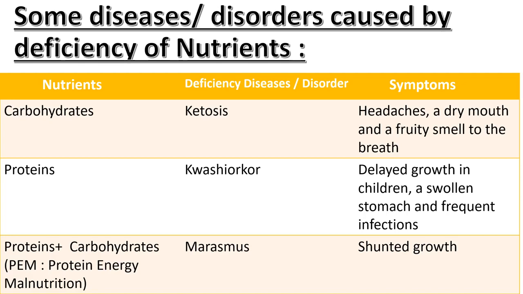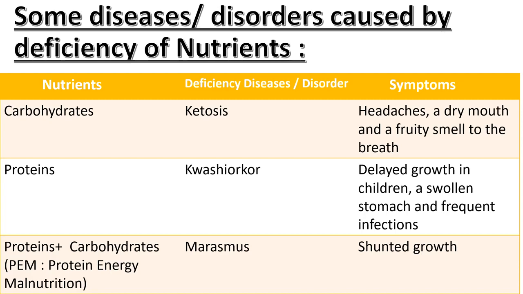If the person lacks proteins, then he may suffer from a disease called kwashiorkor. Its symptoms include delayed growth in children, a swollen stomach, and frequent infections.